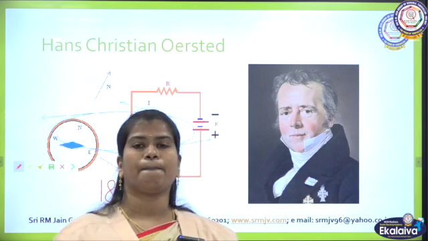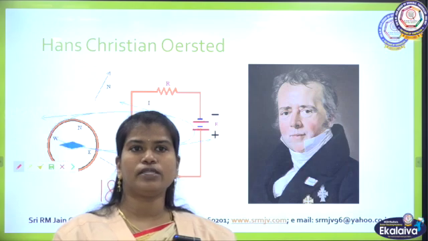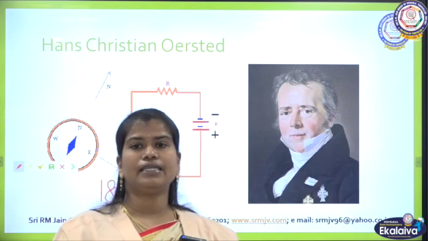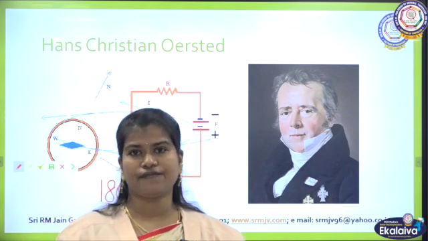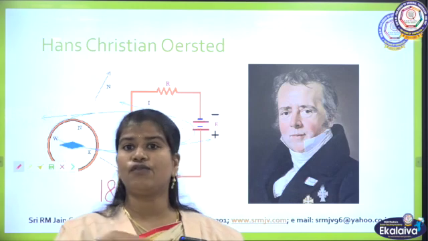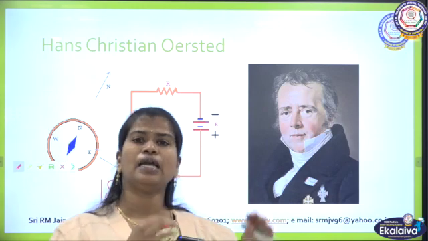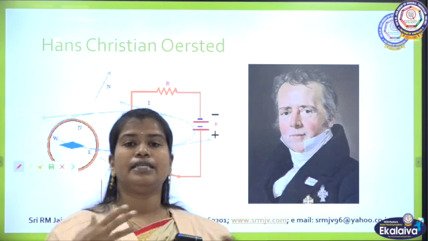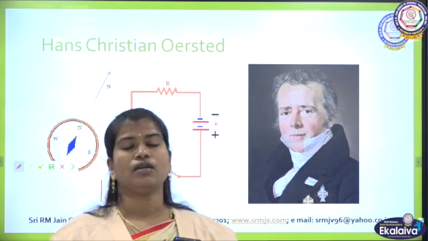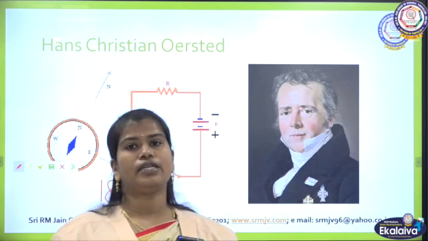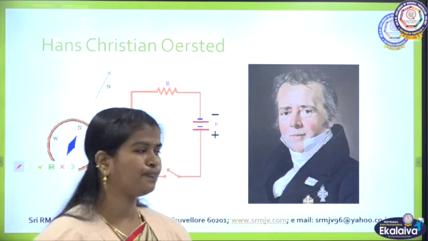Same thing, if you bring the magnetic needle near the magnet, obviously it will get deflected because it has been influenced by the magnetic field. And the same thing he observed near the current carrying conductor. So he concluded that current also has the magnetic effect.